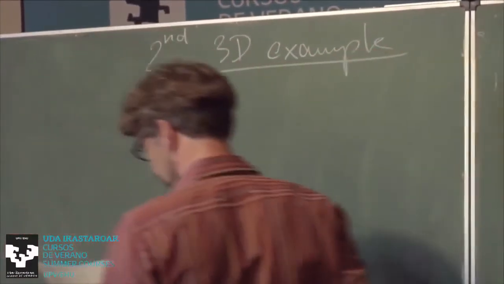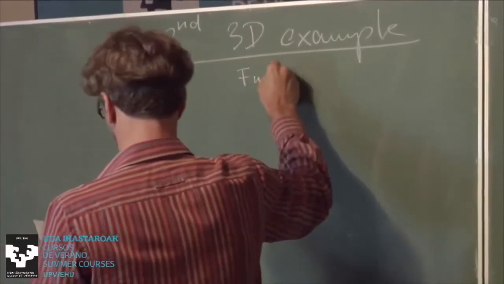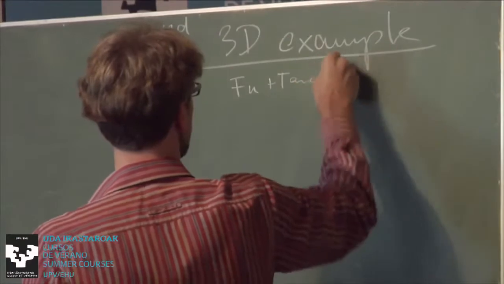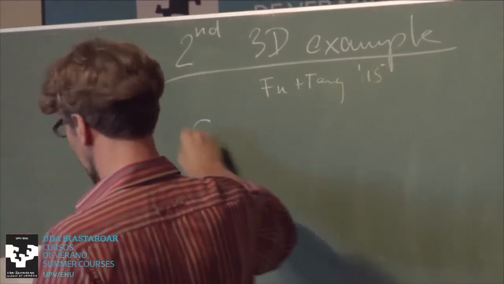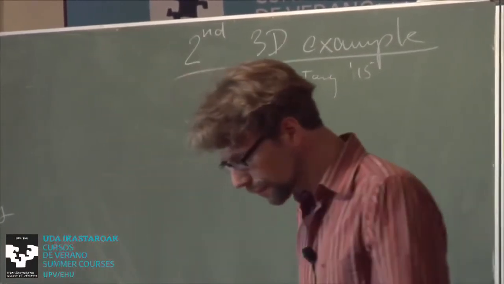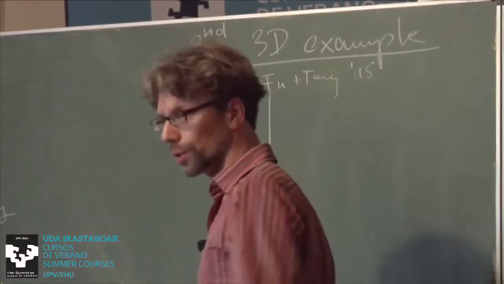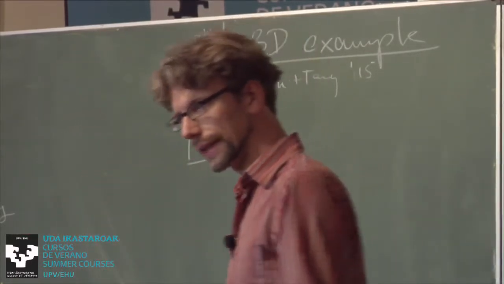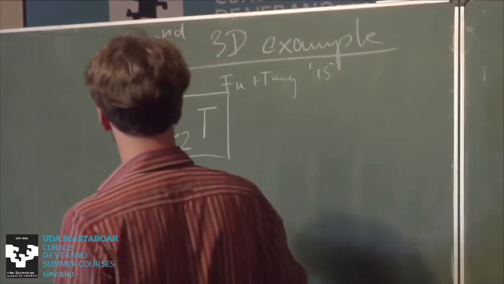And that is a system from Fu and Fang in '15. It's a system that is invariant under C2 times time reversal symmetry. This is the symmetry that I ultimately want to look at, and I want to look at the surface that's invariant under a C2 rotation.